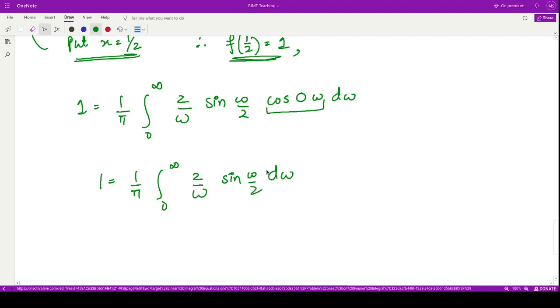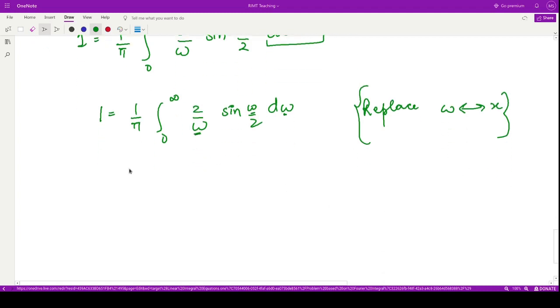Now what I can do, I can replace the variable here. So instead of omega, I can write x here because omega just serves as the dummy variable representing the integration. So we have 2 by x sine x by 2 dx.